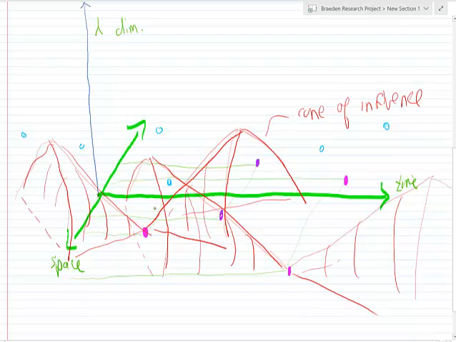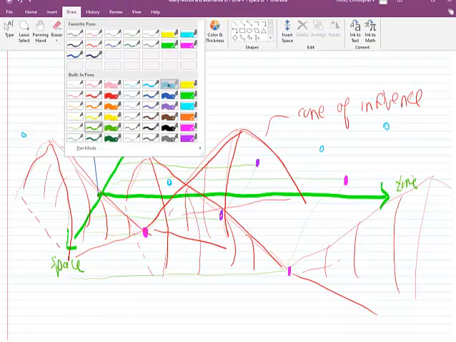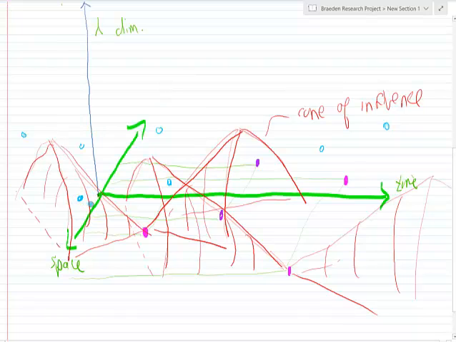Now this event here is influenced by pre-events that are inside of the cone of influence. For instance, if I have a pre-event that's inside this cone here, it's going to influence this event here.